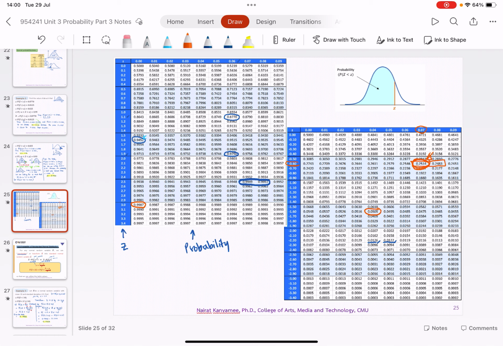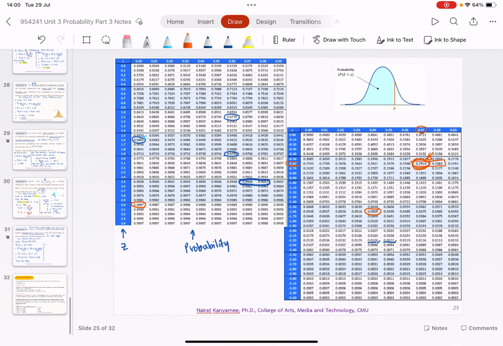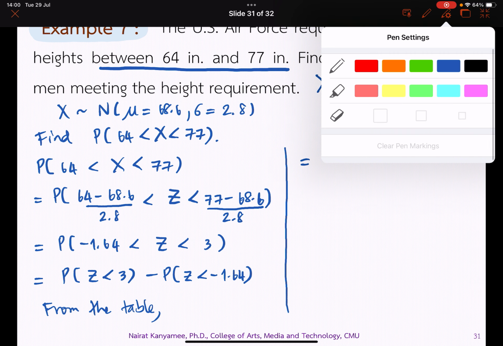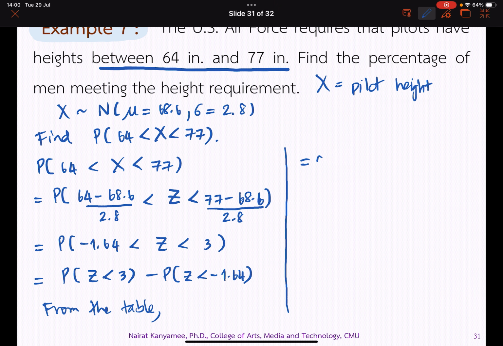So from here, substitute these values in: 0.99887 minus 0.0505. Subtract these two values and you get 0.9482, and convert this into a percentage.